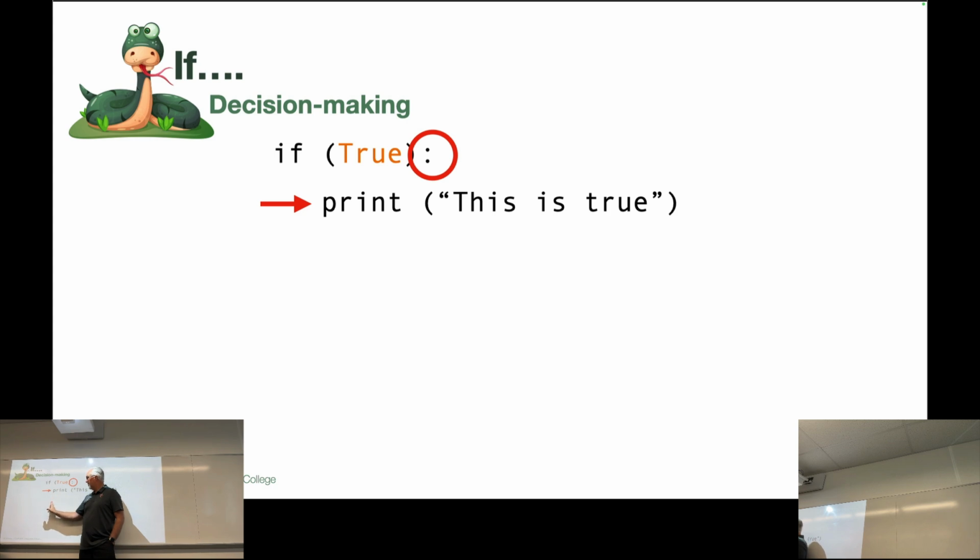When I'm done with this branch of code, the thing that gets executed only if this is true, then I can resume my regular coding with an unindented line. If this is not true, it will skip the indented part, this code block, and go straight to the next line.